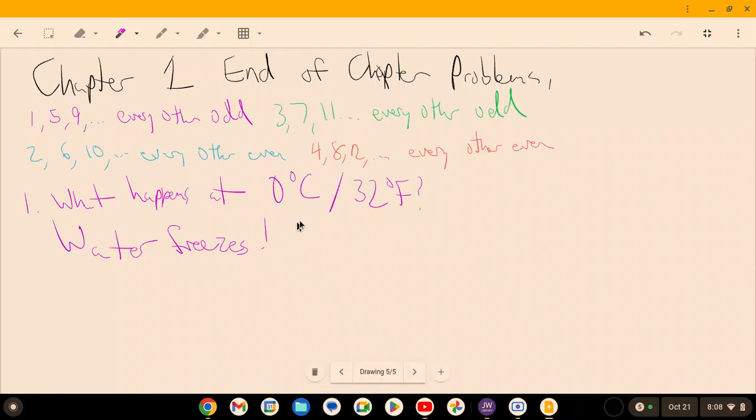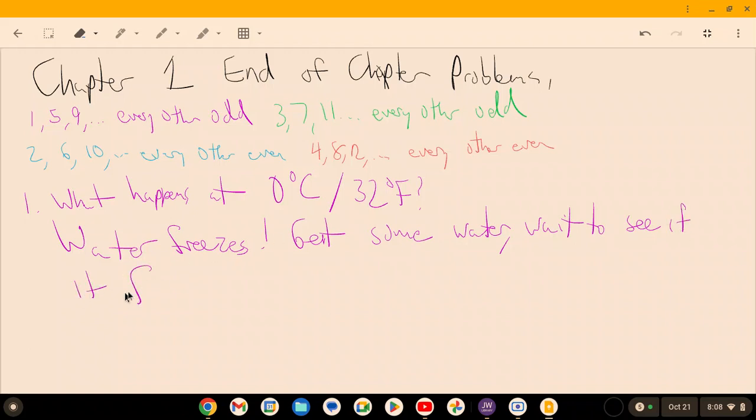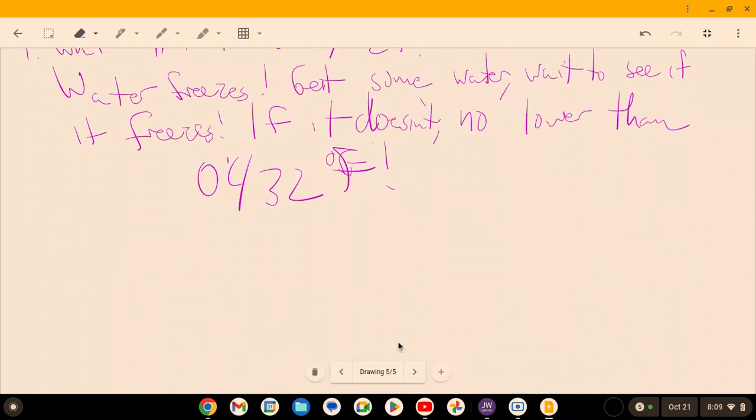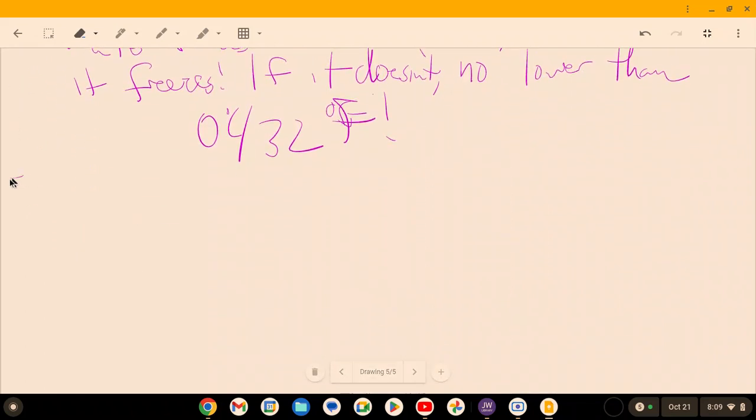So, get some water and wait to see if it freezes. If it doesn't, not lower than 0 / 32. That's an F. Yay! We did it!